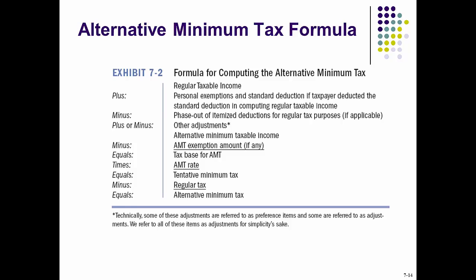For alternative minimum tax adjustments, please see Exhibit 7-4 on page 7-12 for the most common AMT adjustments.